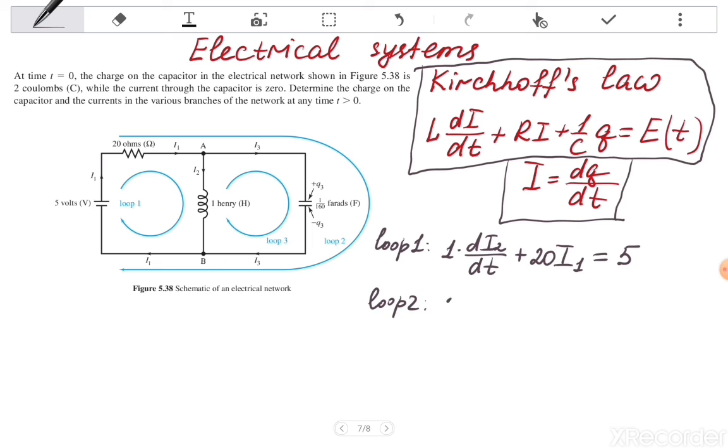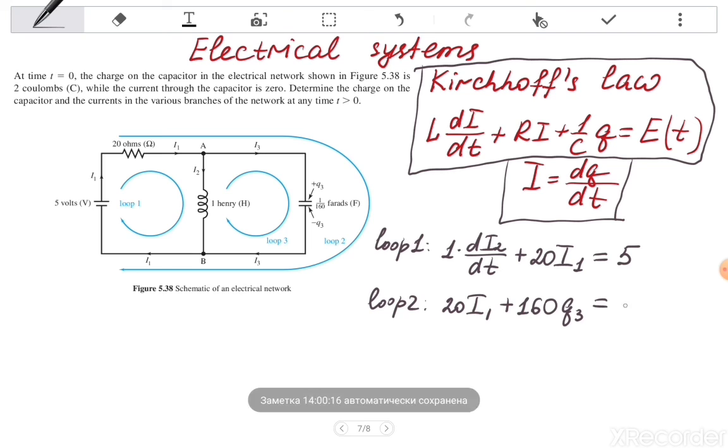Here we have 20 times I1 plus, through the capacitor, the current I3, which gives us the charge Q3. So 1 over C, and we're given C as 1 over 160 farad, so if we invert it, it will be 160 Q3. And this must also be 5.